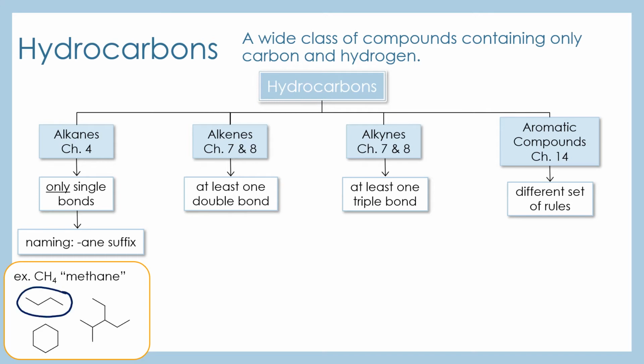This is a 4-carbon alkane, and don't get hung up on naming right now. Naming is Chapter 4. This is cyclohexane. So notice I'm just using the ane suffix, and there are no double bonds present in these molecules. And then on this molecule, we have 3-ethyl, 2-methyl pentane.